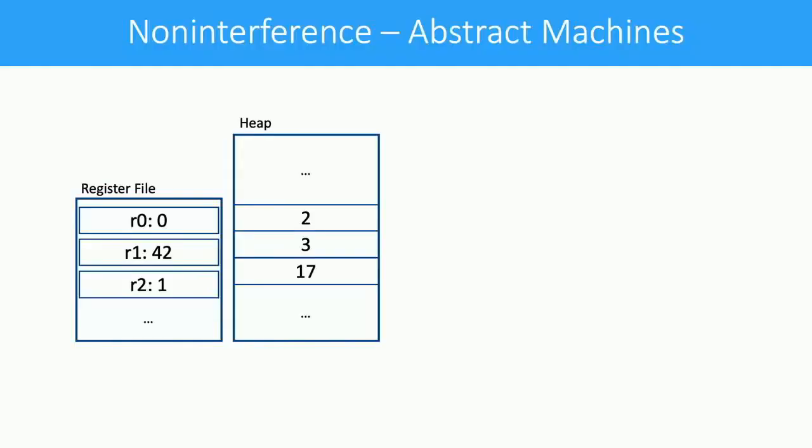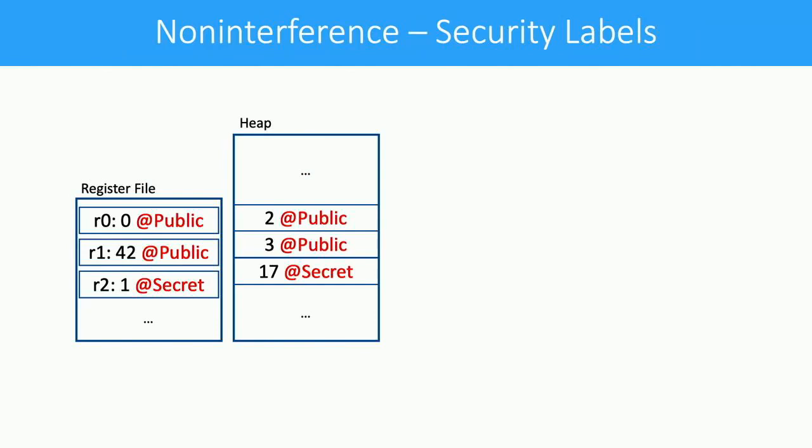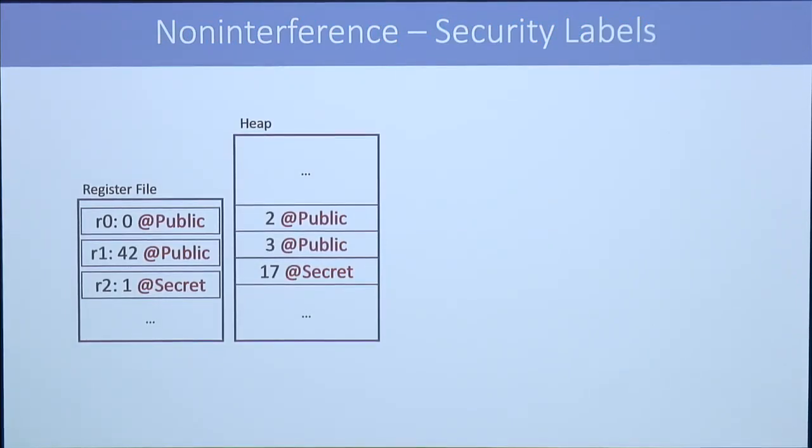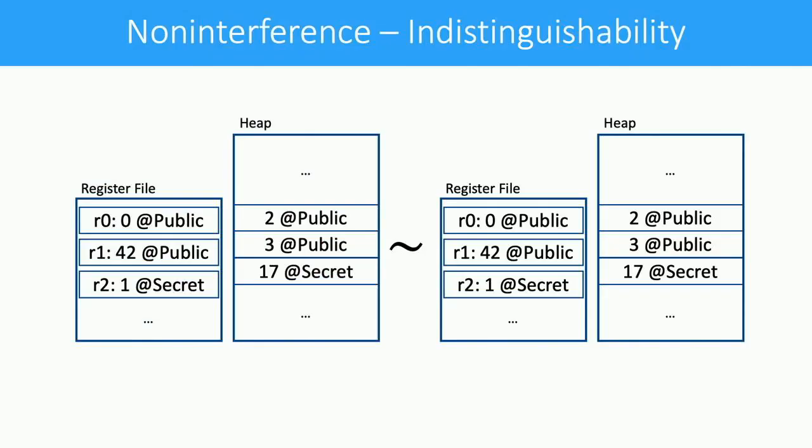Okay, so this is showing you the more sophisticated machine, just to give you an idea of what it looks like. It's going to have a register file, and a heap, and we're going to be able to annotate data inside of our abstract machine with whether it's public, so the adversary is allowed to see it, versus whether it's secret, and so therefore we're trying to keep that information from the observer.